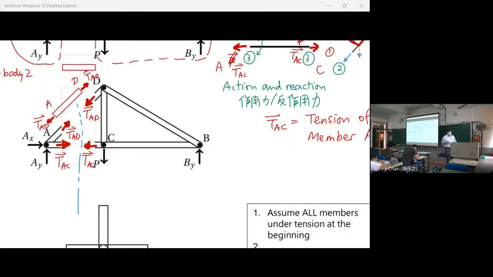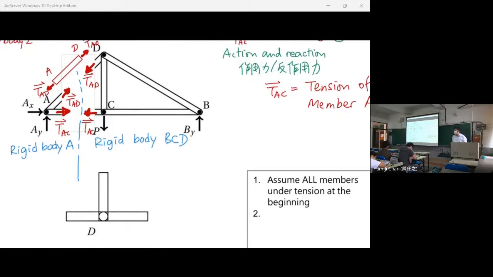So now we have rigid body A, and now we have rigid body BCD. For each rigid body we can write the equilibrium equations, right?